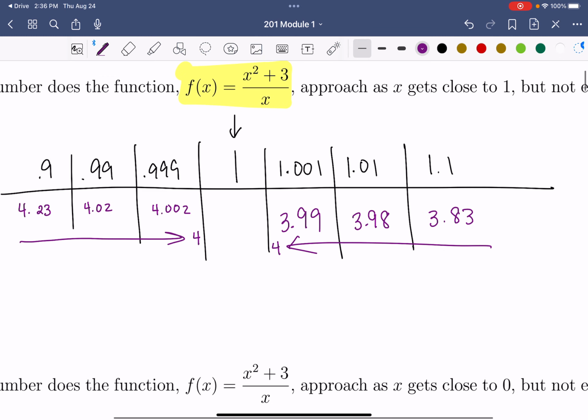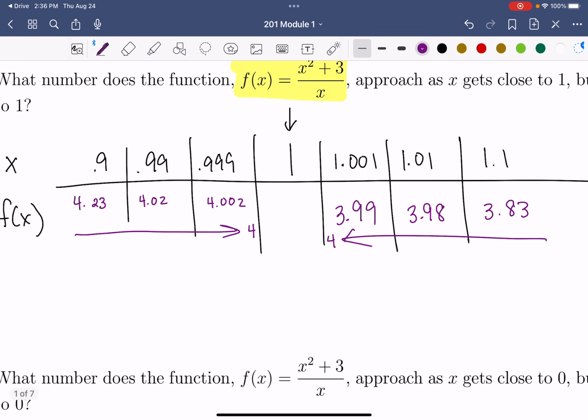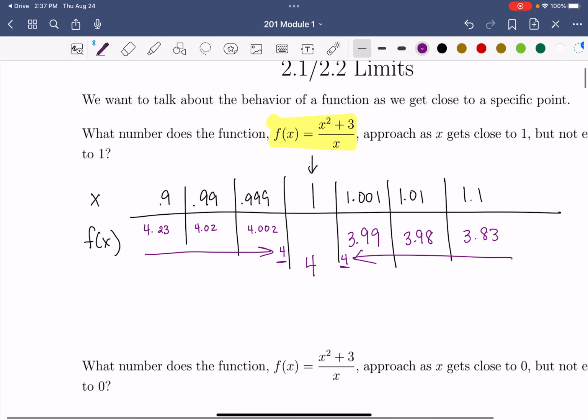Now, I said that we've got to approach from both sides. So the only way that I can get an answer here is if these two things match, and they do. So therefore, I'm approaching 4 from both sides. Okay. So my answer here is f of x approaches 4 when x approaches 1.